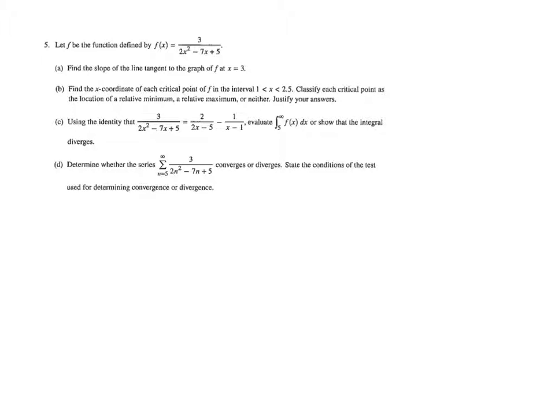You can't on the AP exam, even if you say this is f prime of x, and you have a and b, and you say positive, negative, positive, you can't just say, because of this, it's decreasing from A to B. You have to explain that we have a relative min at B because it went from decreasing to increasing.